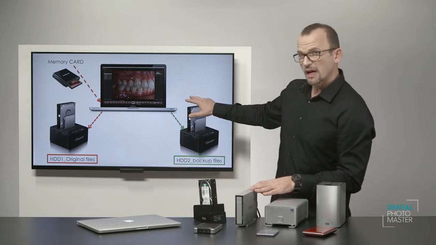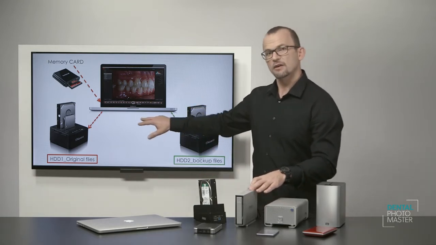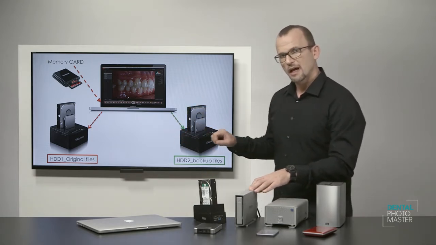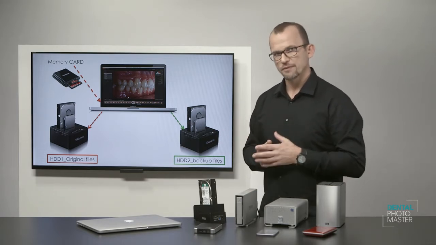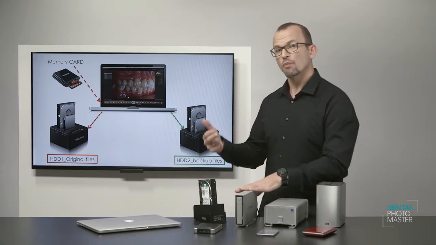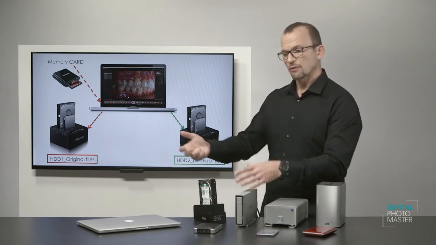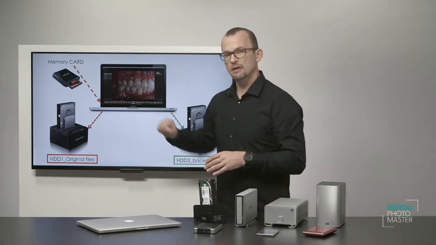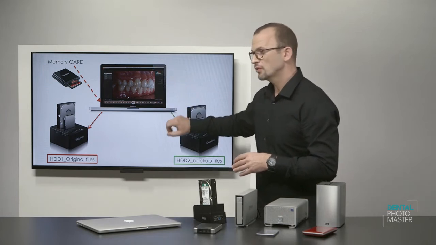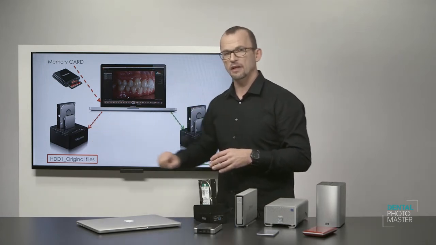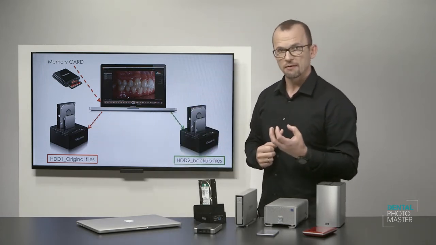As I mentioned, we have two disks connected, because I told you that it would be smart to have copies. Copies means that it is more than one, because when we transfer our data from the memory card to a computer, and we save it on this computer, or on this external disk, it will be the original file.